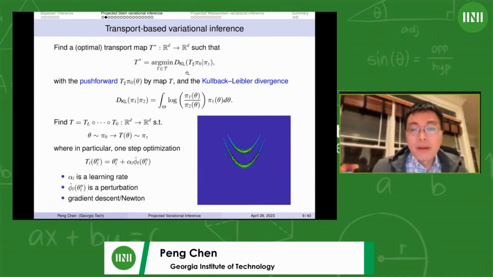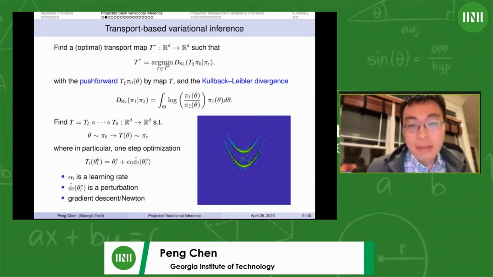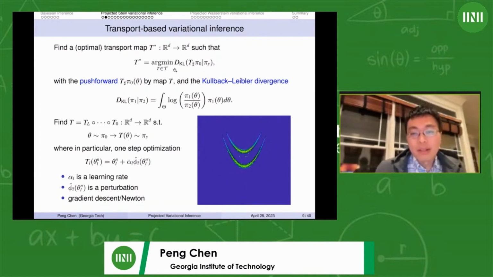This is a general formulation, but mathematically speaking, in our context, transport-based variational inference takes a certain formulation. Here we assume we have an optimal transport map T star, mapping from the parameter dimension R^D to R^D. This optimal transport map is obtained by a minimization problem: the minimization over the transport map class, calligraphic T. The criterion is a certain notion of difference between the pushforward T sharp of our reference measure, or prior density, let's say, and the posterior distribution.